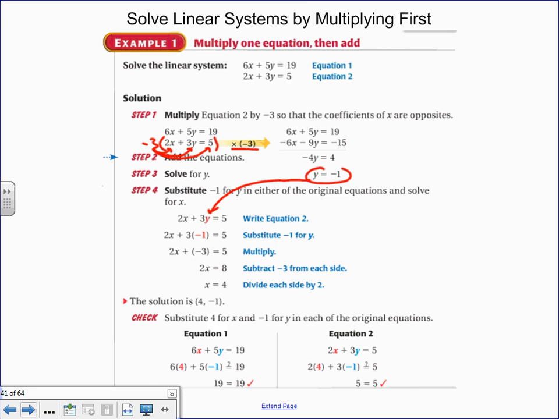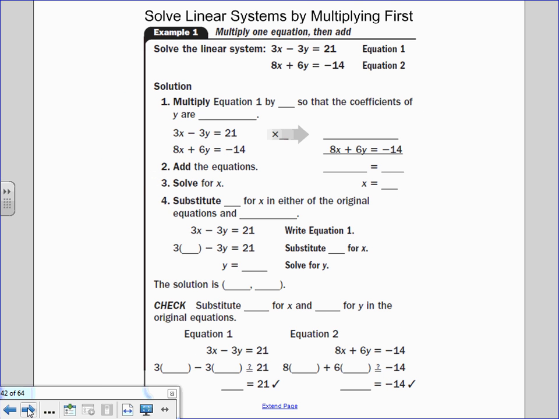Alright, so on your paper, we have this example to go through. We've got 3x minus 3y equals 21, and 8x plus 6y equals -14. So again, my x's aren't the same, my y's aren't the same, so I need to make one of them the same. If I look at my x's, I cannot multiply 3 by anything and get 8.